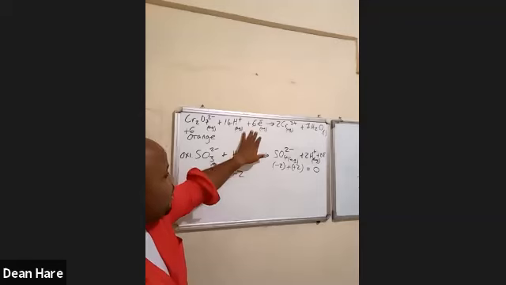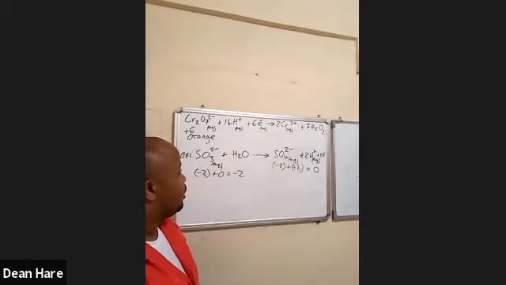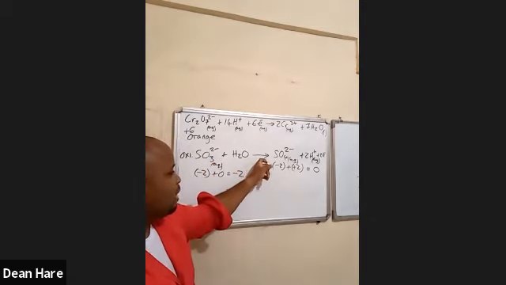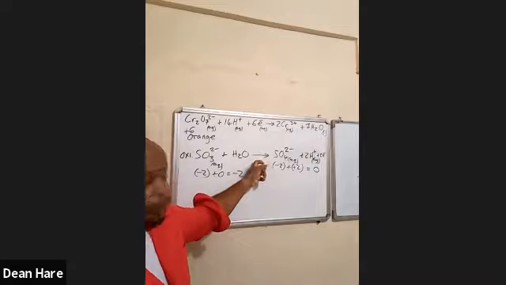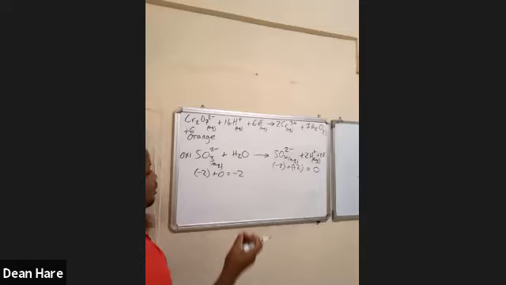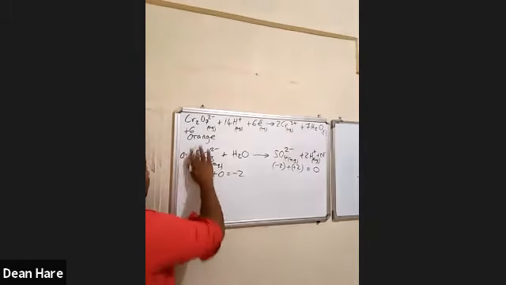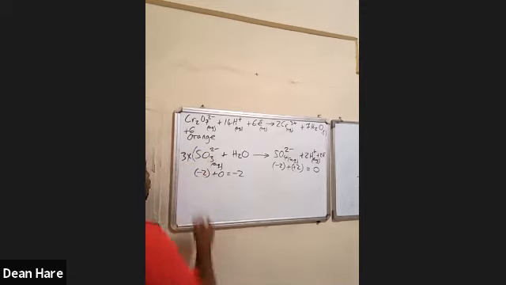Right, so we need to get rid of the electrons. So we have 6 here and 2 here. So we can multiply this equation by which number? 3. Right. And remember, we always use the lowest number possible. So we are going to multiply this by 3 and this one by 1.